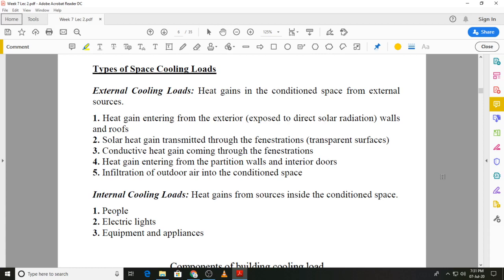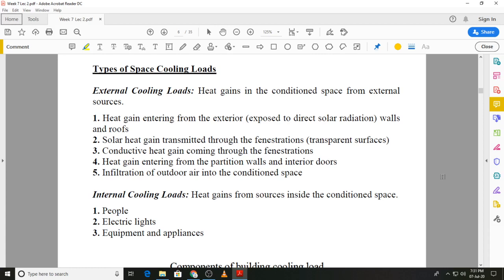It can be a roof, or it can be a wall, maybe one wall, or maybe more than one wall. So any surface that is exposed to direct solar radiation is an exterior surface. A wall can also have a window or windows. It can have a door, so they will also be considered to be exterior surfaces.